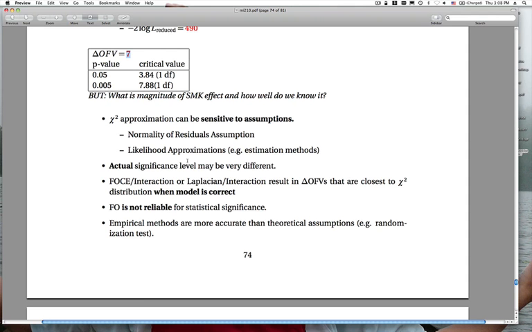We've made the first order or the first order conditional approximation to that likelihood, and that leads to some bias in this statistic. In fact, it's been shown that FO is not reliable for this sort of comparison, and FOCE and Laplacian interaction methods can be closer. But there still is a possibility that they may be biased too.